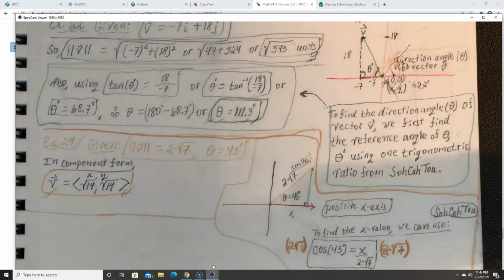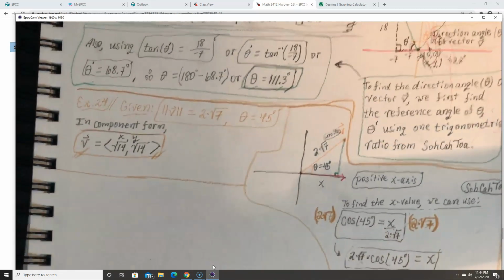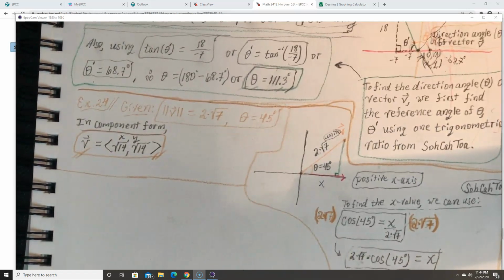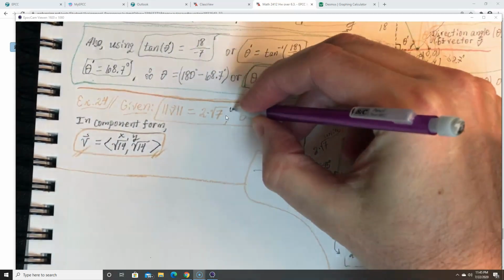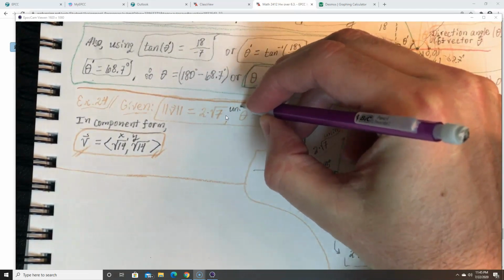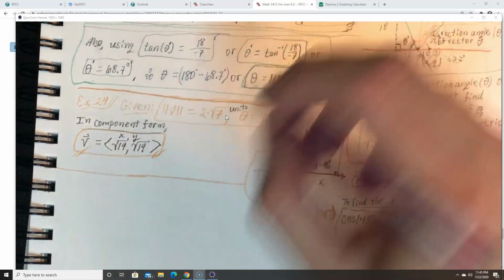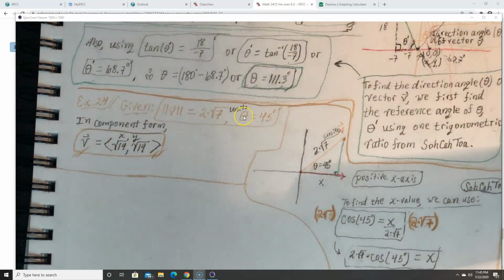So, 24. Given the magnitude of vector v is 2 times square root of 7 units long, the angle the vector makes in standard position relative to the positive x-axis is 45 degrees.